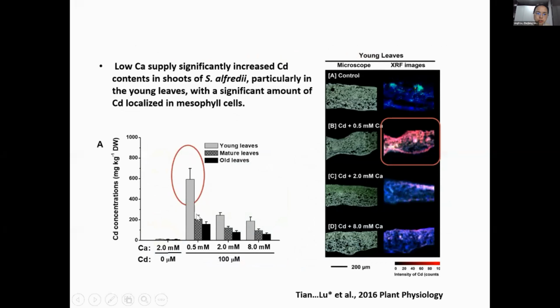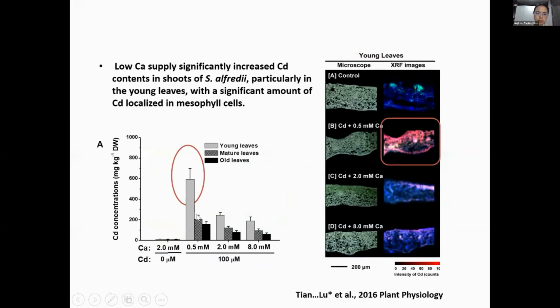And after 1 month, we found that significant amounts of cadmium had been remobilized to the new growing tissues. And by XRF imaging, we found that significant cadmium was localized in the phloem tissues at the junction section of the leaf and the stem. So we concluded that the cadmium can be easily remobilized by phloem transport.